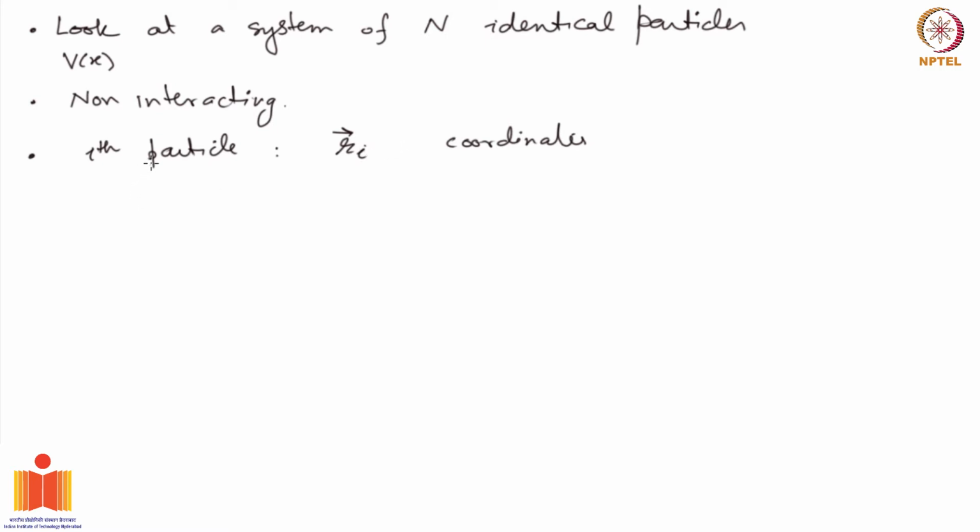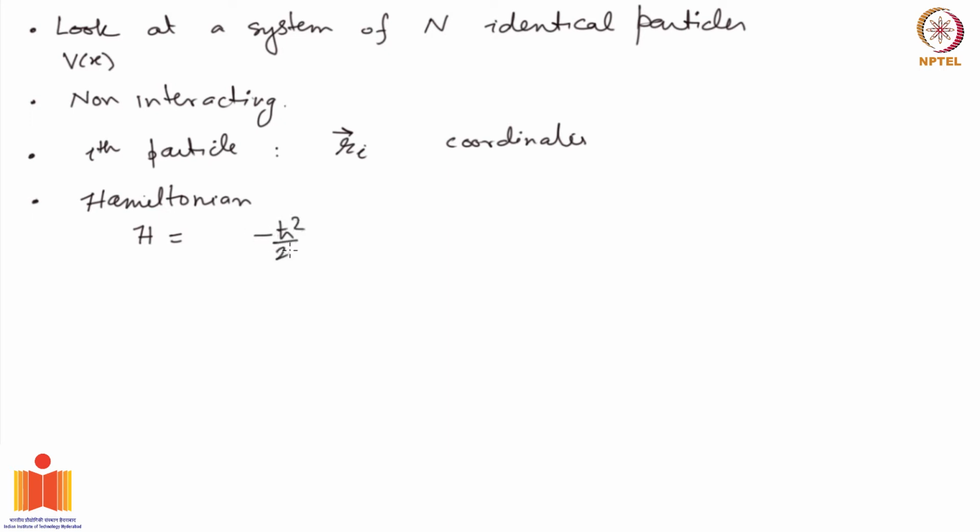Because these particles are not interacting with each other, the Hamiltonian will be a simple sum of the following terms. You will have minus h bar squared over 2m.